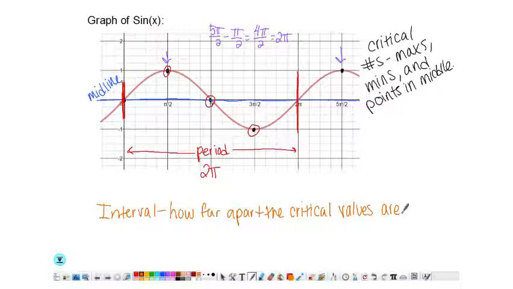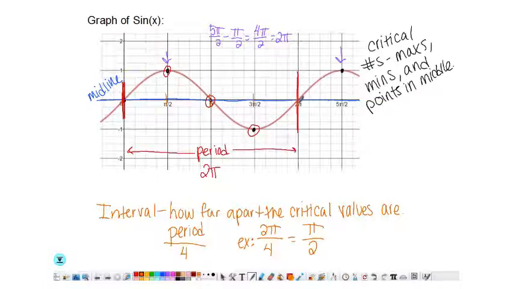You can always find the interval by taking your period and dividing it by 4. For our sine example, our period was 2 pi, and we're going to divide that by 4. If we reduce that fraction, we get that our interval is pi over 2. If you look, every pi over 2 is where one of our critical values happens.